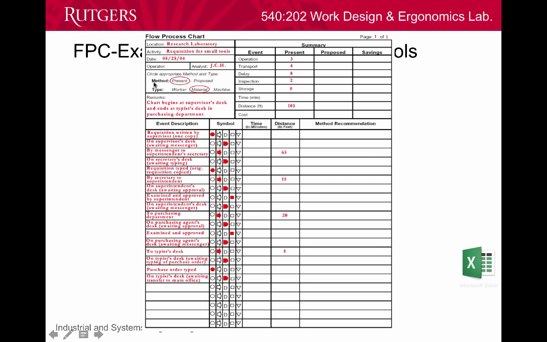Actually, the fifth line is a merge of 3 rows. So we have 1, 2, 3, 4, 5, 6, 7, 8, 9, 10 rows here. So before the event description row, we have 10 rows.